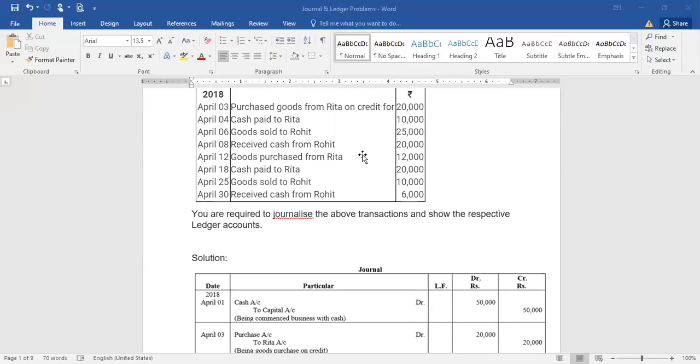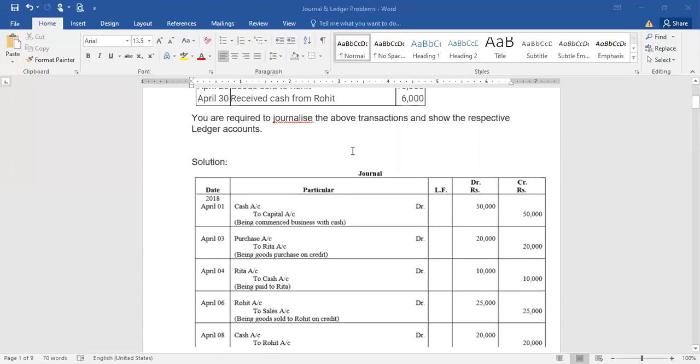Debit what comes in, credit what goes out. So goods are going out, therefore sales should be credited. Then Rohit is a person: debit the receiver and credit the giver. So Rohit account debited to sales account, being goods sold to Rohit on credit on April 6th.